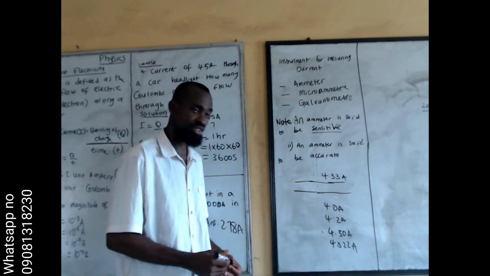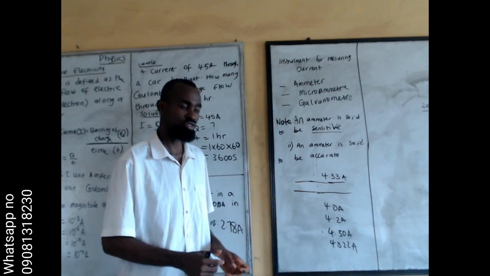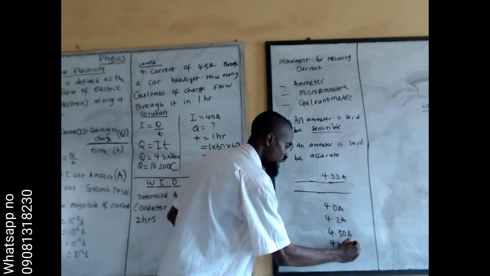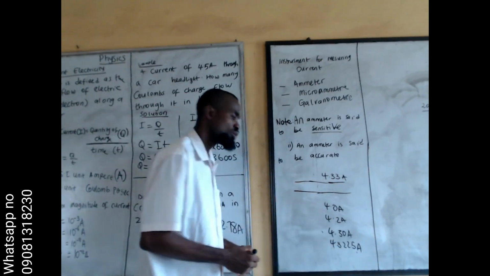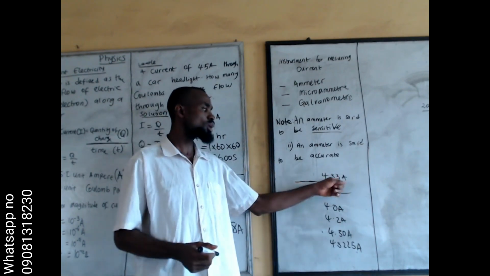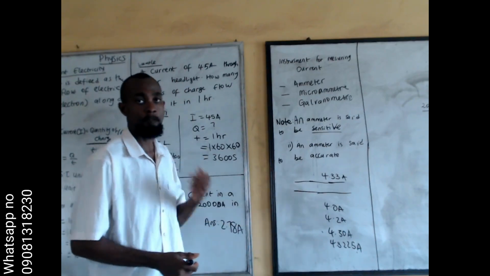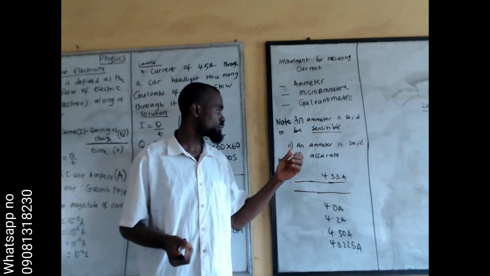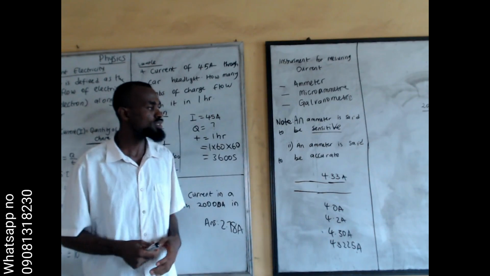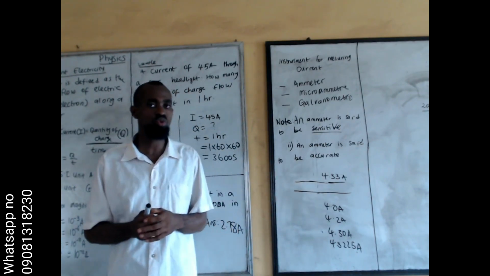All these values are close to 4.33. But you agree with me that 4.25 ampere, this last value, is very close to this value. That is what we mean by an ammeter being accurate. An ammeter is said to be accurate if it can measure close to the true value.